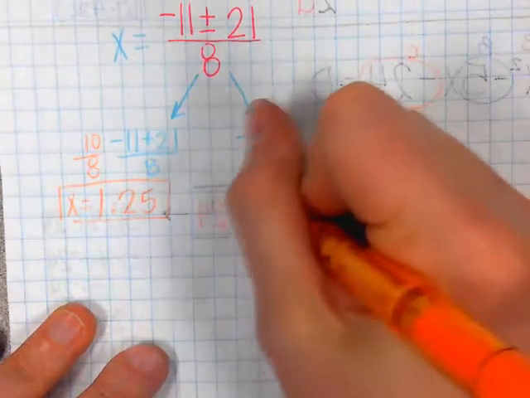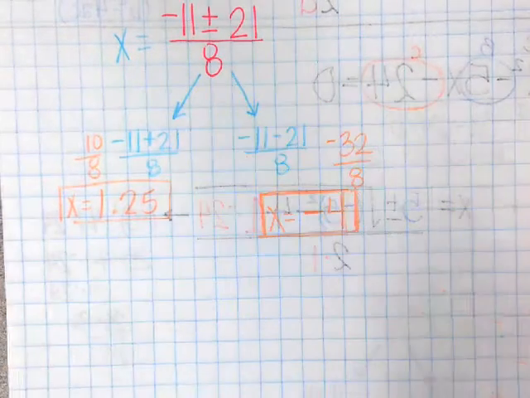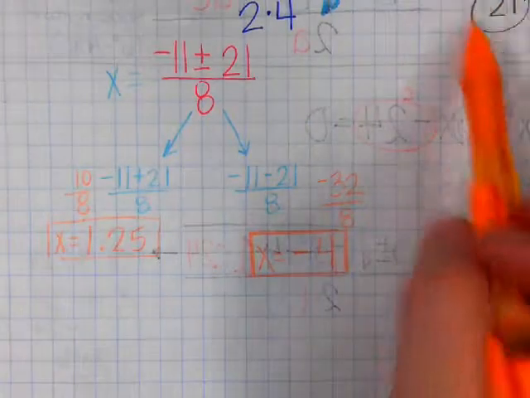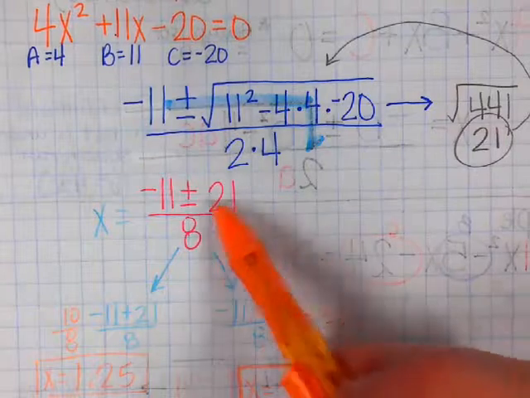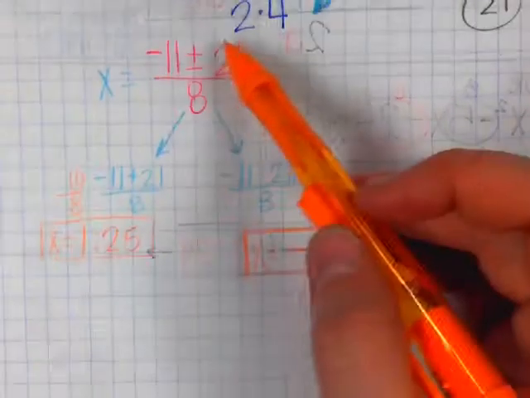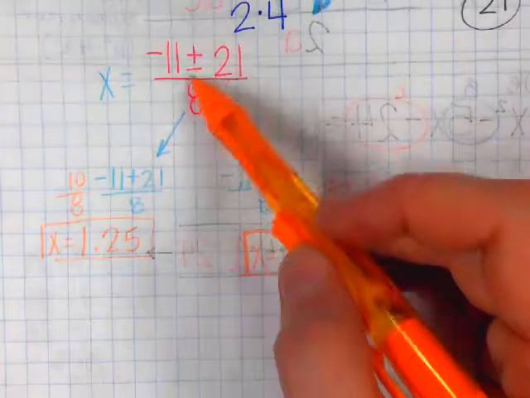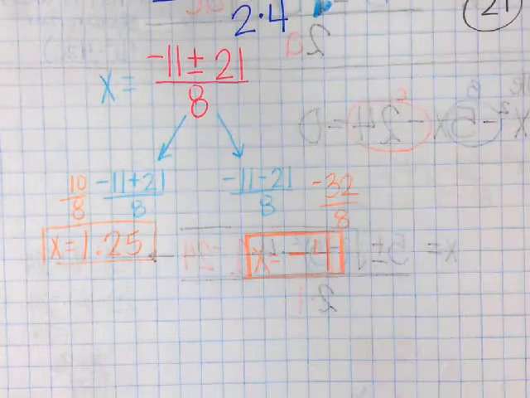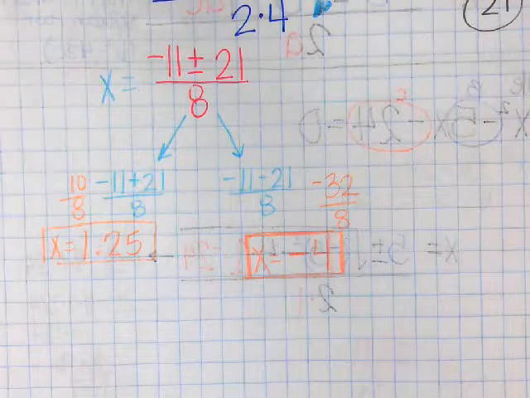You can always check your solutions by typing it into the graphing calculator and finding your zeros. But those are your solutions. So just make sure you type this into your calculator and then write it as 2 equations. That's the part that everybody always misses, is that you can have 2 solutions to a quadratic because it makes that parabola.